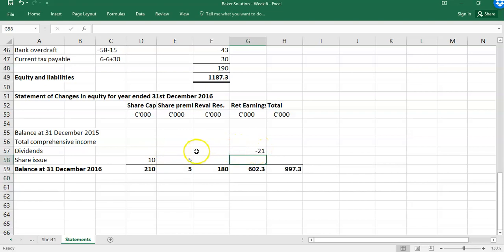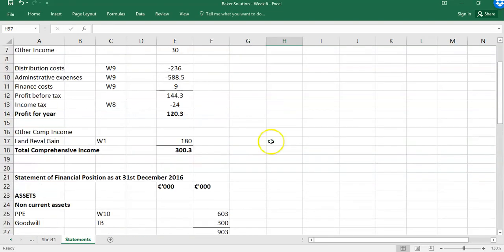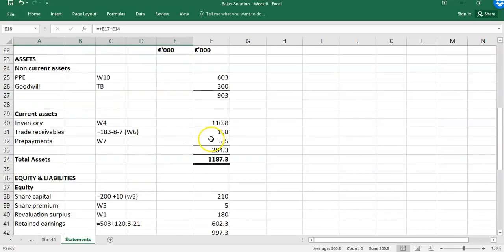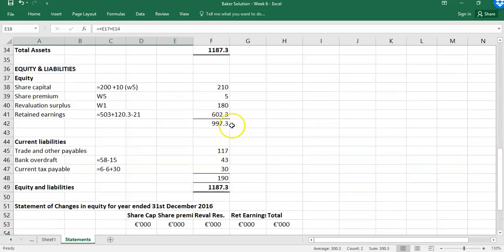So that's how the dividend is presented, as a minus 21 in the retained earnings column. And watch the way the total comprehensive income column is shown. You put the 180 into the reval reserve, and you put the 120.3 into retained earnings. So the total is still 300.3, which matches your total comprehensive income up here, but it goes into 2 different columns, matching the adjustments it goes into in your statement of financial position.